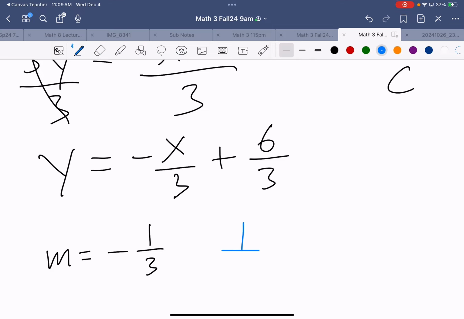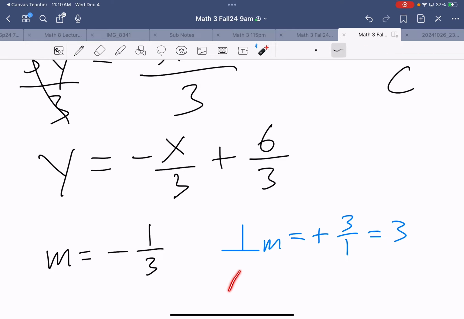It's kind of an upside down capital T. So the perpendicular slope is, remember I said, the signs are opposite. So that means this one is going to turn from negative to positive. And then you do the reciprocal of the fraction. So 1 over 3 becomes 3 over 1, which is just 3. Right? We normally just write 3. We don't write plus 3 over 1. We'll just write 3 as our slope.